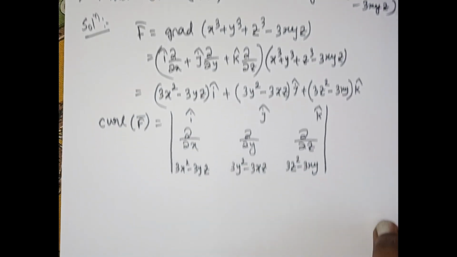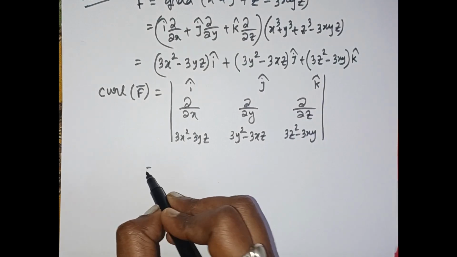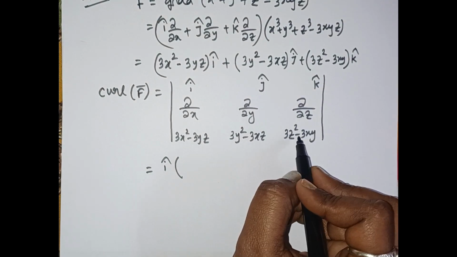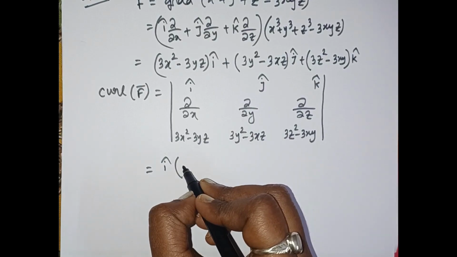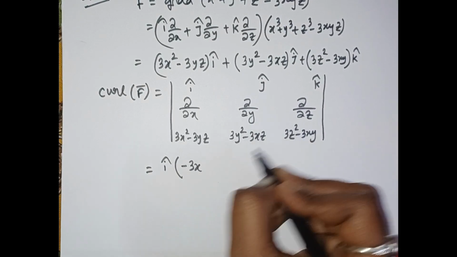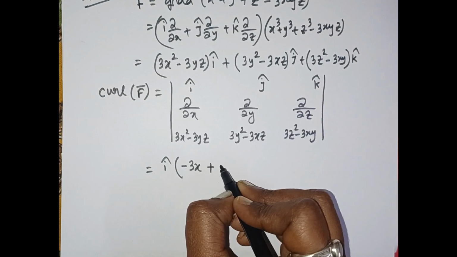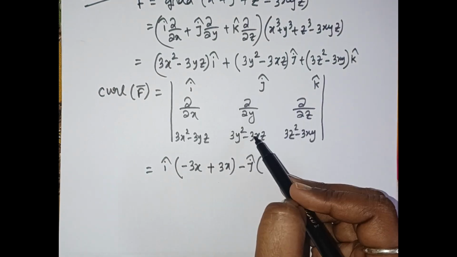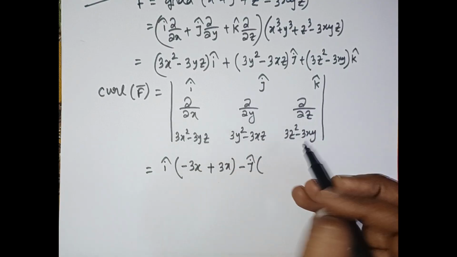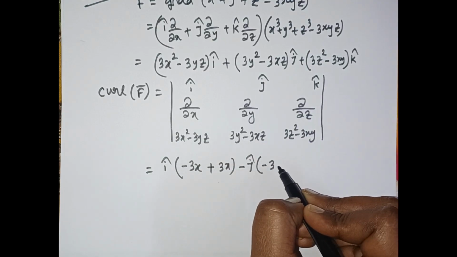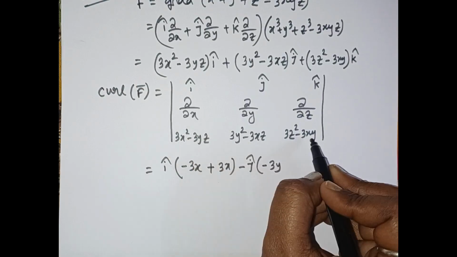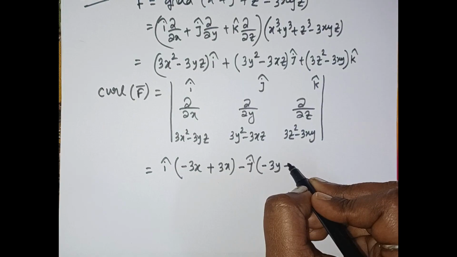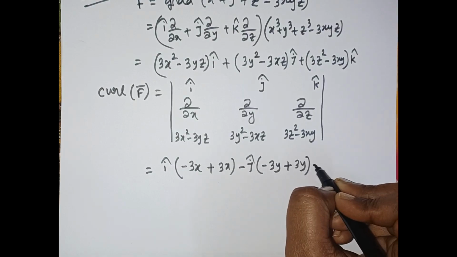So if you calculate this, we can write i with these two and these two. If we derive this with respect to y, it will be minus 3x and then plus 3x, minus j cap, then this one and this one. So minus 3y with respect to x and minus with respect to z, it will be minus and minus plus, so 3y, plus k cap.